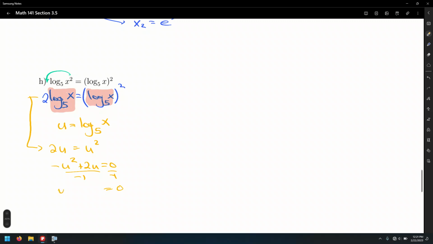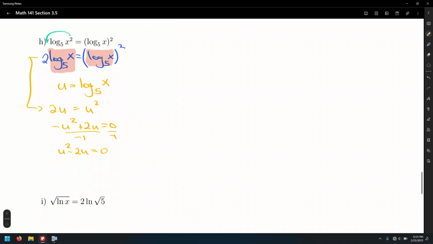On the other hand, u squared minus 2u equals 0. And we can solve this equation just by factoring. Factor out a u, that's going to leave us with u minus 2.